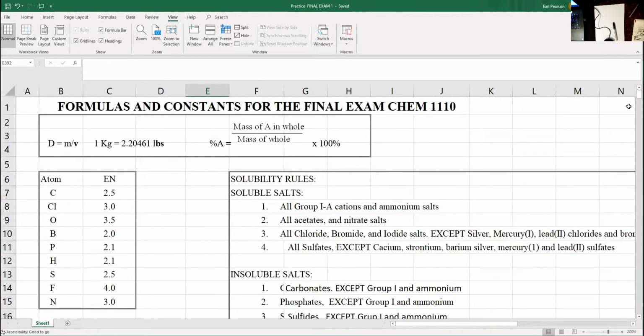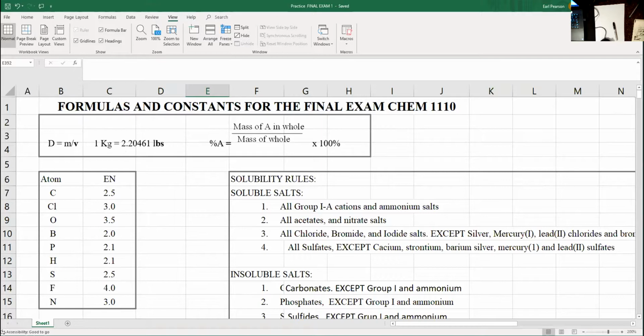Now the way I think this will work is I've got a header link. Up at the top of each page, when you pull it up on the final exam, there will be this link. If you click on that link, it'll take you to this page and show you the formula for density.